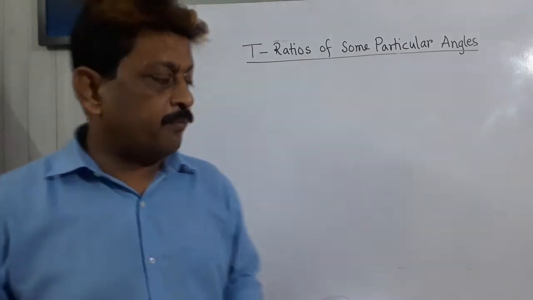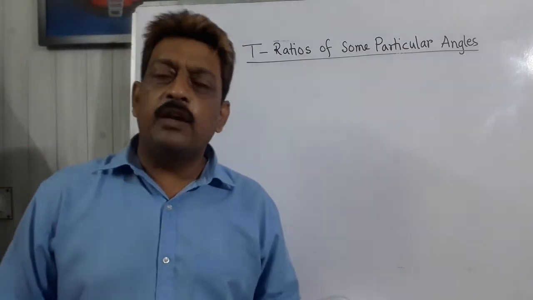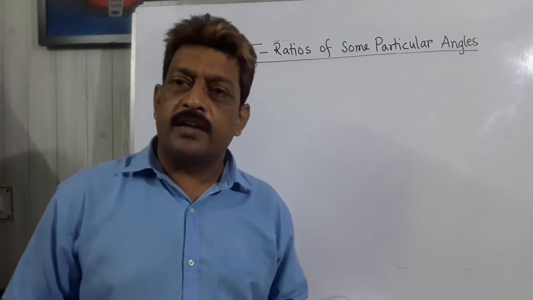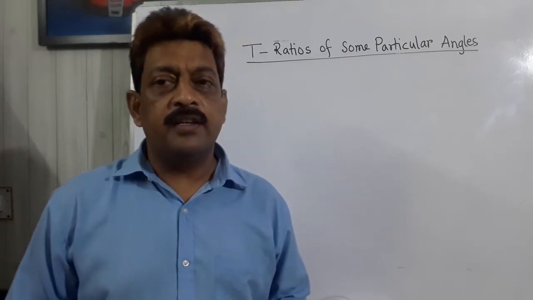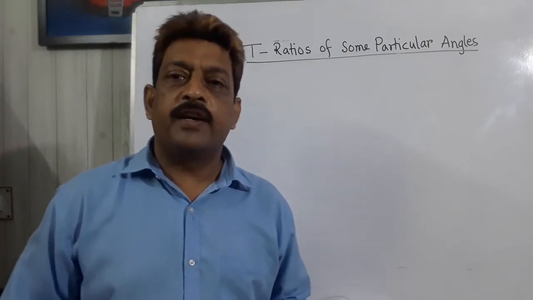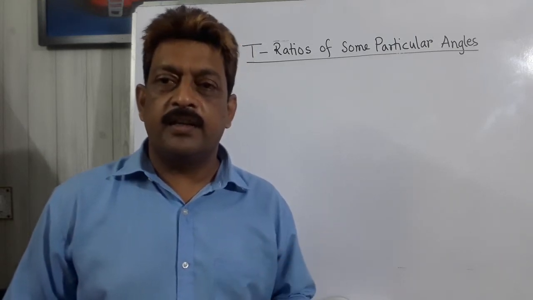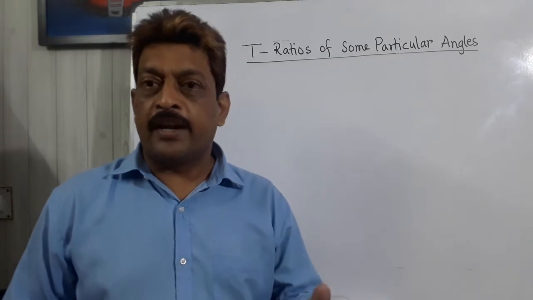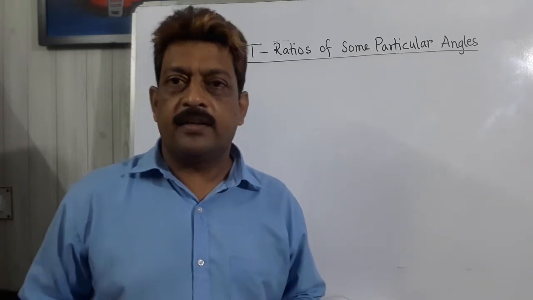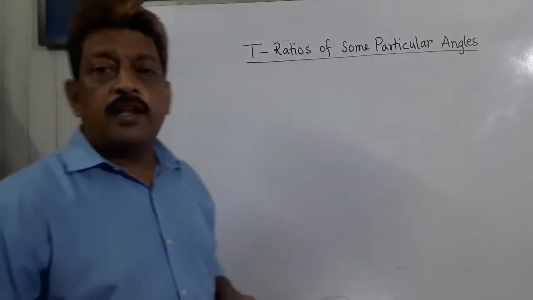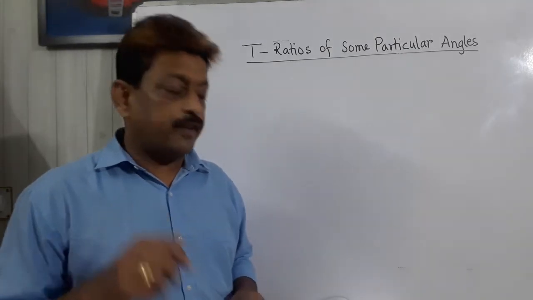That means we will find the values of sin 0, sin 45 and sin 90. Similarly, we will find the values of cos 0, cos 45, cos 90, tan 0, tan 45 and tan 90 degrees. So first of all, let me start with 45 degrees.